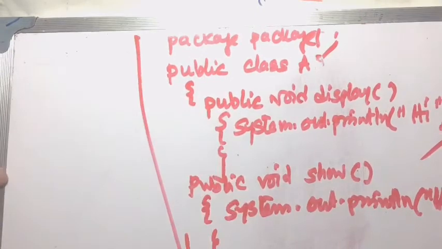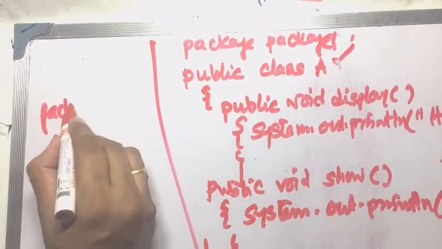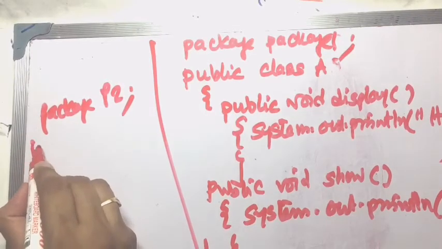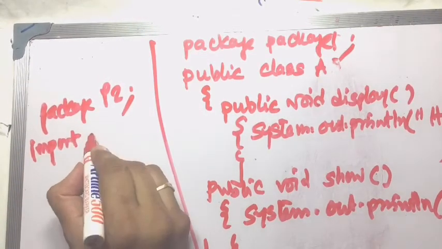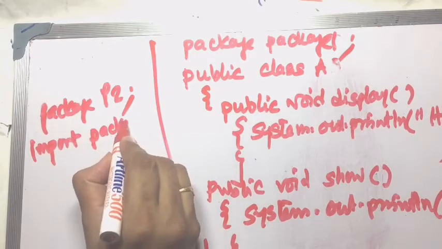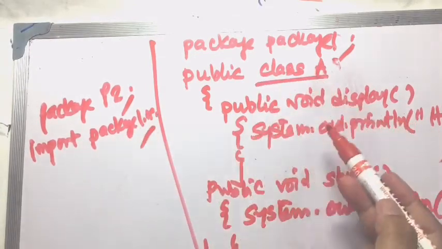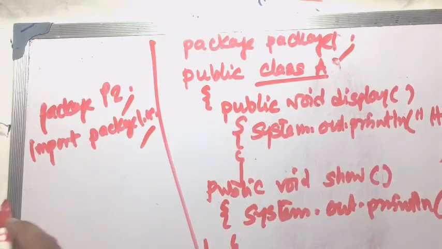Suppose another package, package 2, and import package 1 dot star, meaning all the classes and methods within the classes will be imported.